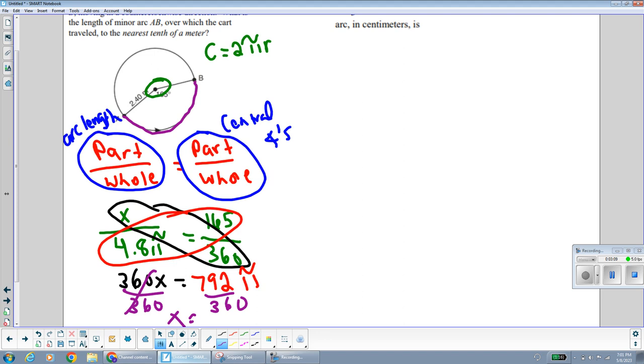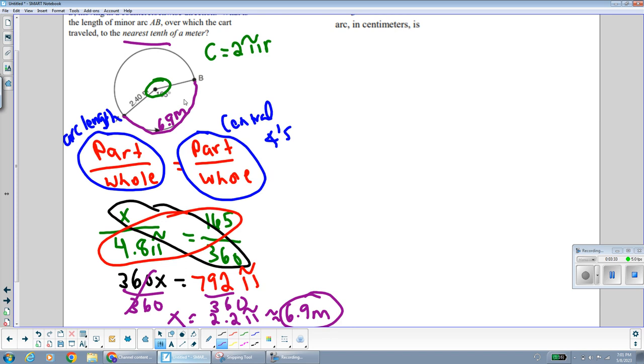And I got 2.2 pi. And the question does say to round, so I do need to multiply by pi in my calculator. And I got approximately 6.9 meters. So the length of arc AB is approximately 6.9 meters.